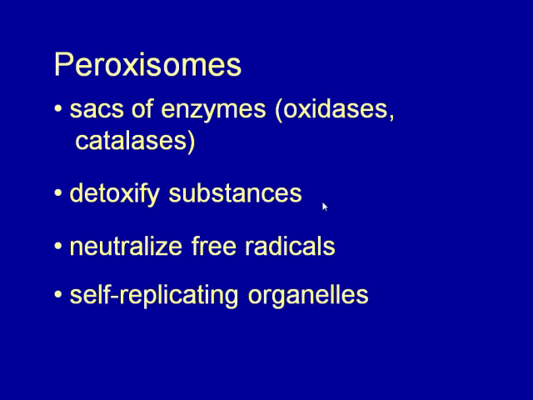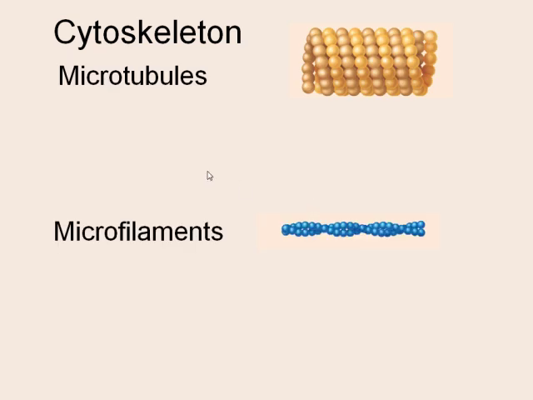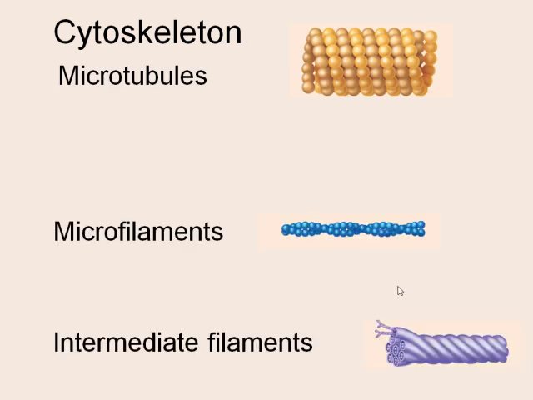These organelles, like mitochondria, are self-replicating. That is, if a cell is exposed to a lot of toxins or is manufacturing a lot of free radicals, the peroxisomes will increase in number to take on that increased activity. The cytoskeleton is also part of the cell, and there are three elements to the cytoskeleton: the microtubules, the microfilaments, and the intermediate filaments.